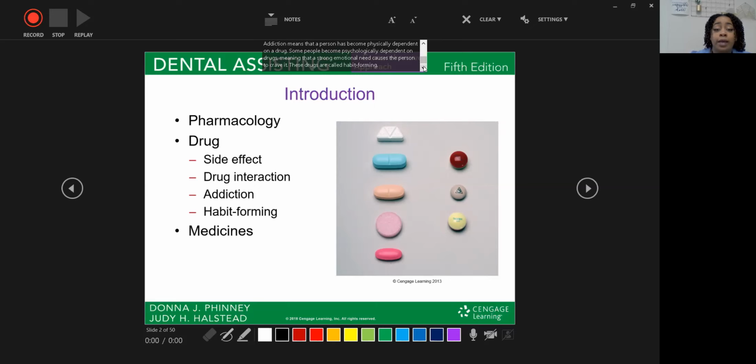So if you're going to fill out a prescription, you need to know what the drugs actually do, if there are side effects, if the patient has an addiction to it, if they're forming a habit, and the interactions. Can I mix a Tylenol with an aspirin? Can you do those things? We just kind of want to stick to the basics.